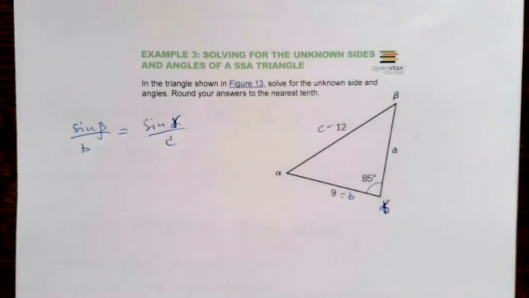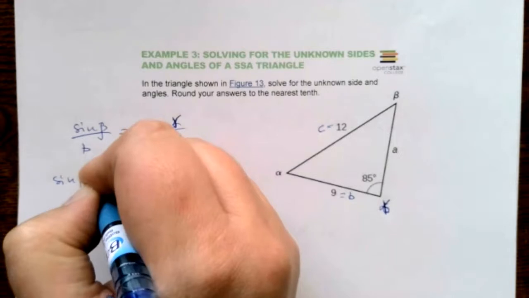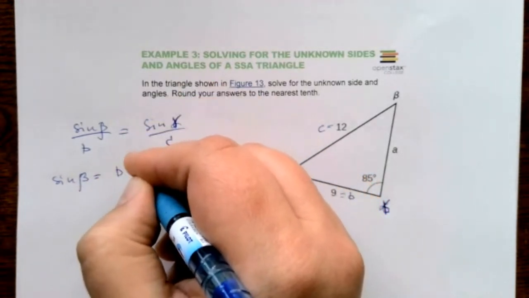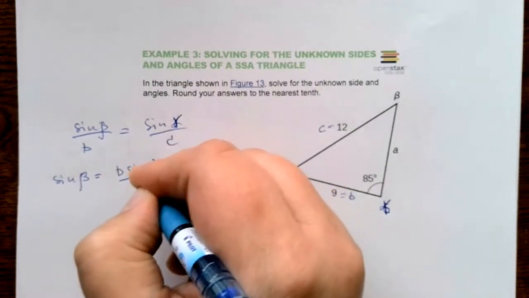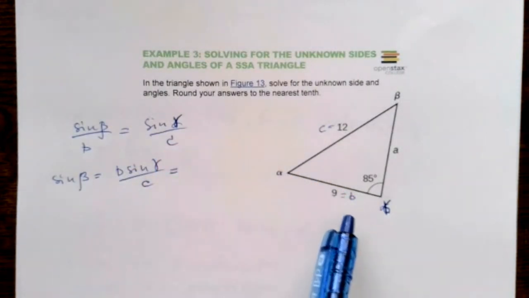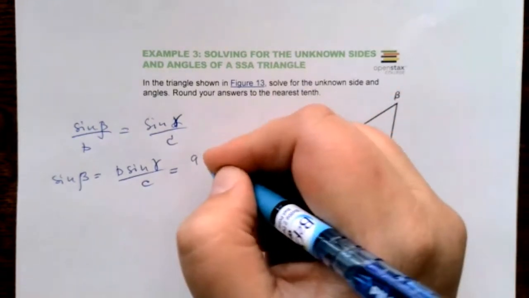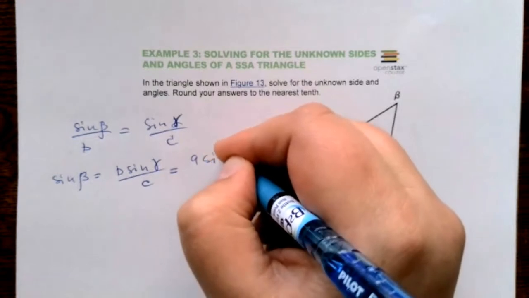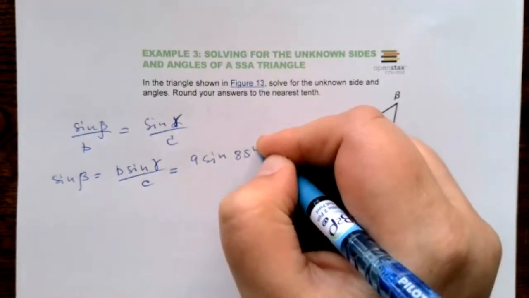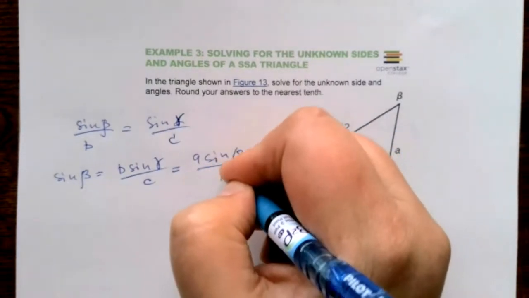So from here, what is the unknown? Unknown is beta. So sine beta equals B times sine gamma divided by C. And when we plug in the numbers, we're going to get 9 times sine of 85 degrees divided by 12.